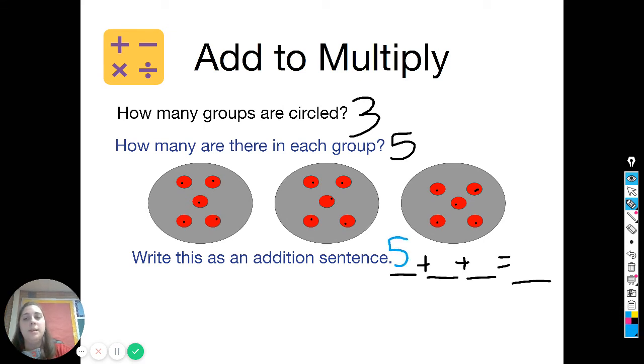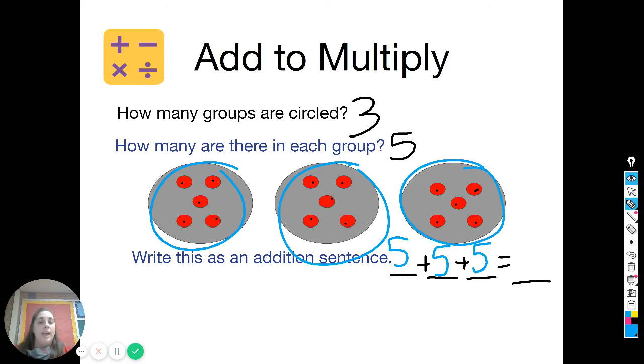Five dots in this group, plus 5 dots in this group, plus 5 dots in this group. And I kind of accidentally gave you the answer already, but let's skip count that to find out how many dots altogether. And since there's 5 in a group, we're going to skip count by 5s. 5, 10, 15. So 5 plus 5 plus 5 equals 15.